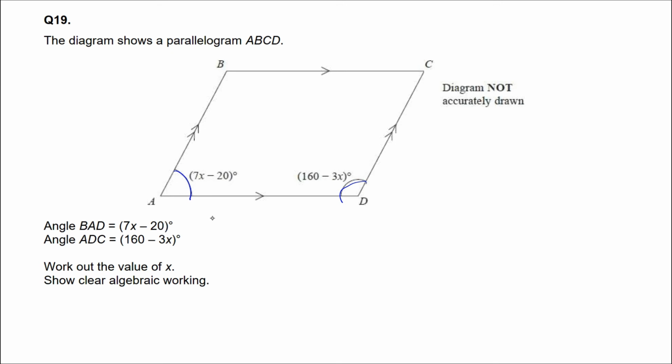So note that BAD and ADC are called co-interior angles, and these are formed on parallel lines.